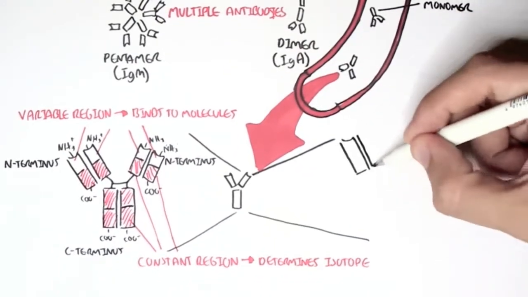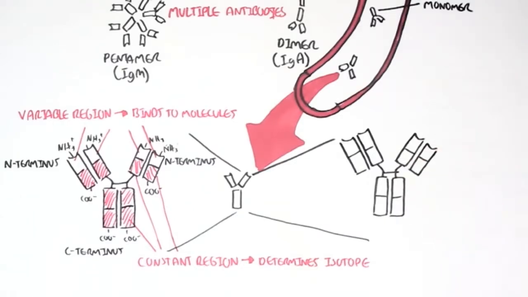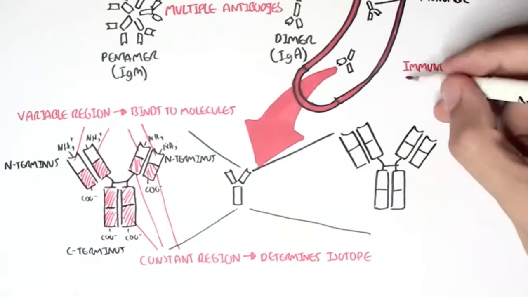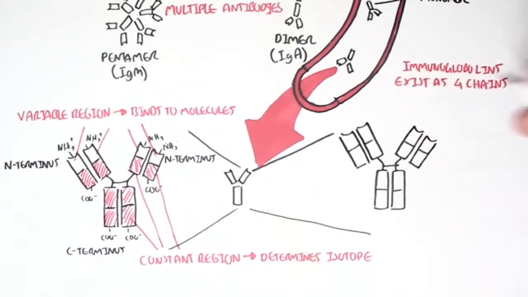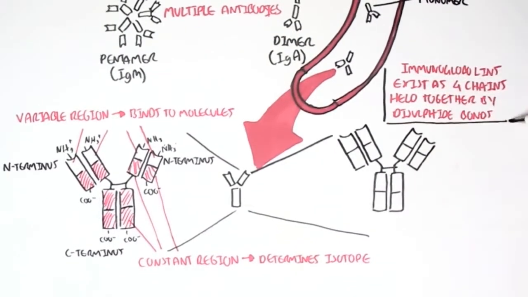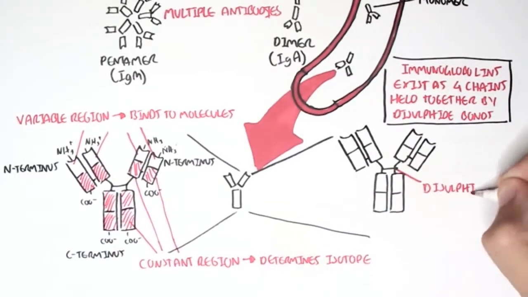So again, we're going to zoom into the same antibody here. It will be exactly the same as the one on the left, but we'll look at different components of it. So the immunoglobulin, which is the antibody, exists as 4 chains held together by disulfide bonds. So this here, this is the disulfide bonds.